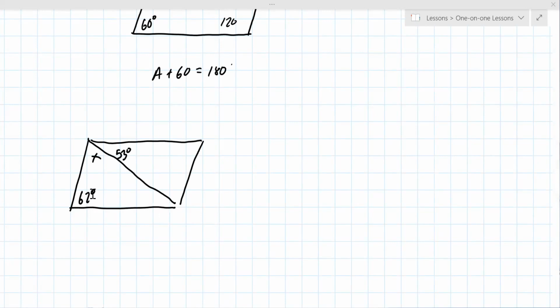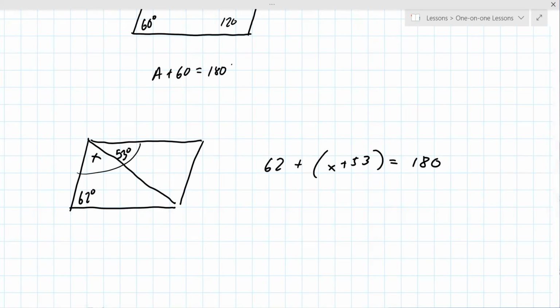Well, 53 would be like, oh, do you do 180 minus 53 there? Well, the 62 plus this whole angle, and that whole angle is X plus 53, has to equal 180 because they're still consecutive. Okay. Like if this line wasn't drawn here, this angle could be written as X plus 53. Right, so then you subtract 62.